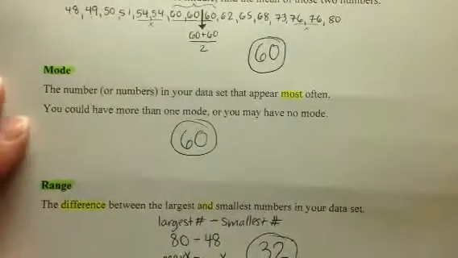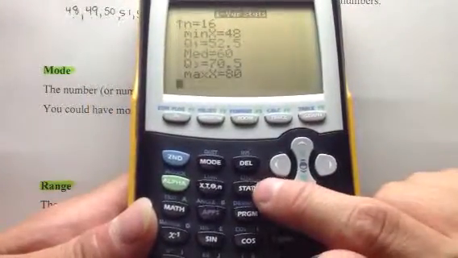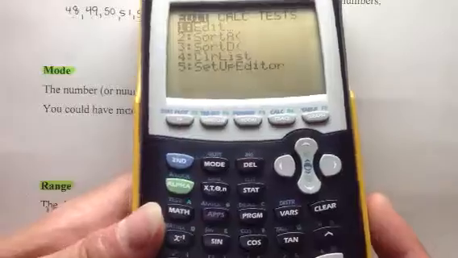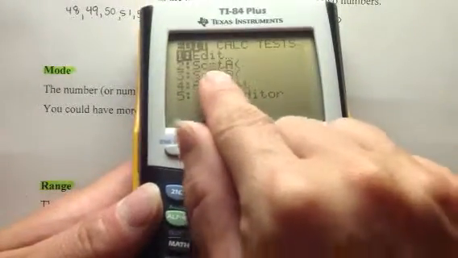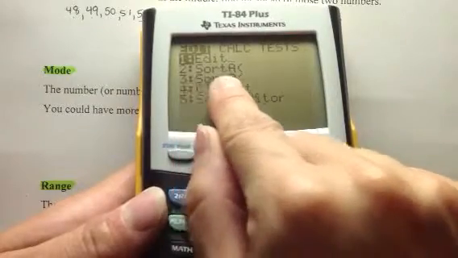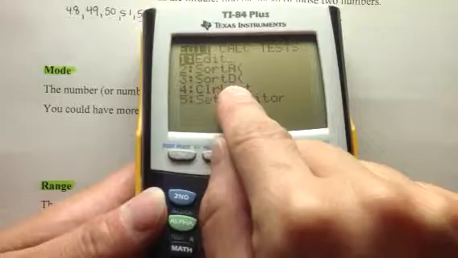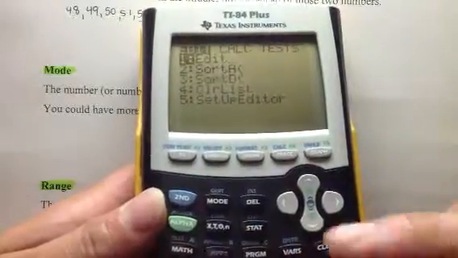Now back to mode. There's something else we can do here in the calculator. If you go back to your stat key, underneath edit you have two sorting options. Sort A means sort ascending, so small to big, and sort D means sort descending, big to small. It really doesn't matter.